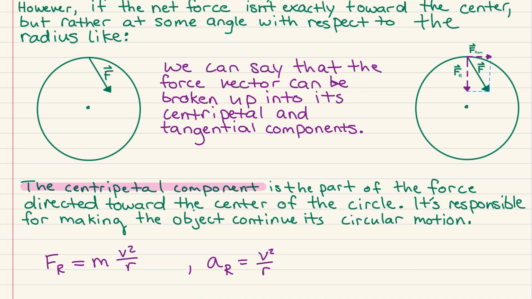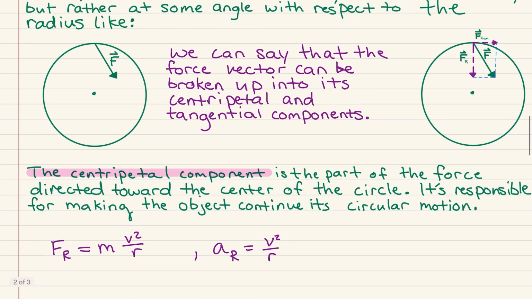It's still going to be expressed by the expression mass times velocity squared over r, and that's tangential velocity over the radius of the circular motion. And the acceleration component that is centripetal is then just, without the mass, tangential velocity squared over the radius of the circular path. Nothing changes from the uniform circular motion to the non-uniform circular motion when it comes to centripetal component to force or centripetal component to acceleration.